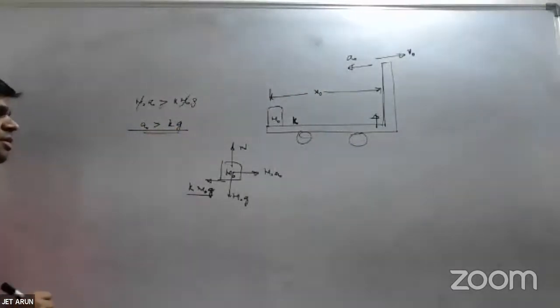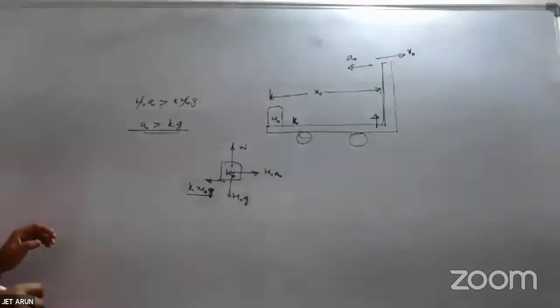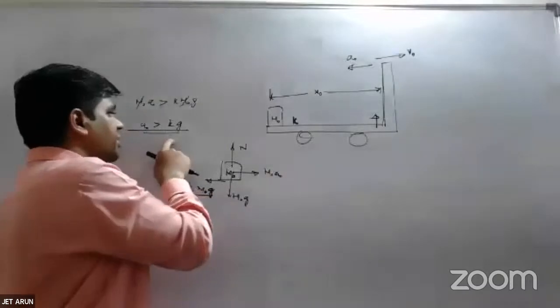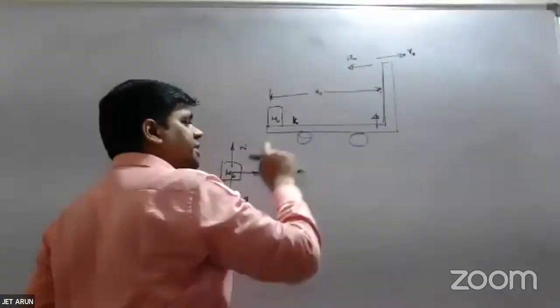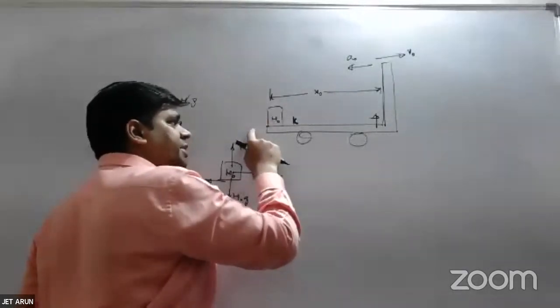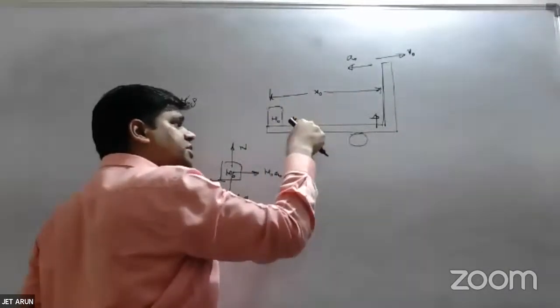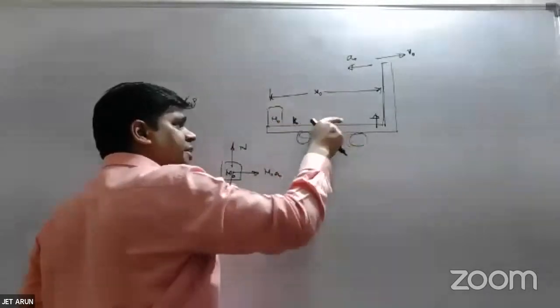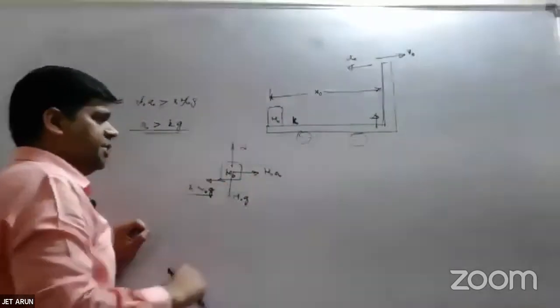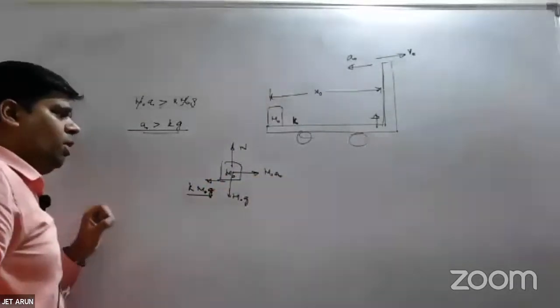Then this will start slipping. So with respect to this frame, this block will start moving towards right if a naught is greater than mu g. That means if this retardation is more than this, my pseudo force is beating the limiting friction. Since the pseudo force beat the limiting friction, this block will start moving on this platform and will move towards right due to the pseudo force on the block with respect to this reference frame.